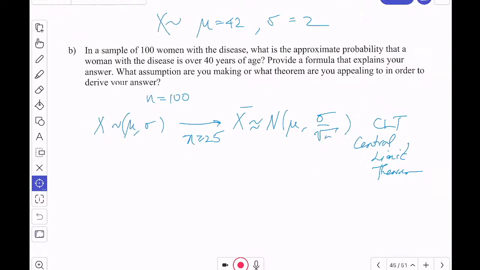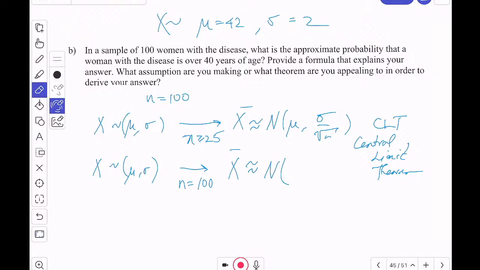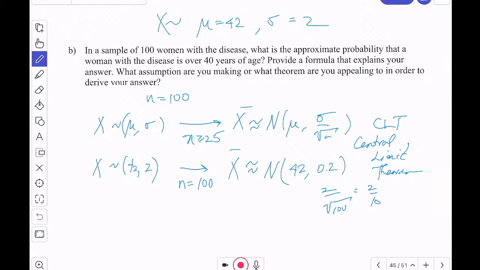So if I use the central limit theorem, I'm going to use this result, and since X is of unknown distribution, but n is 100, then by the central limit theorem in approximation, oh, I should put the numbers in. So this will be 42, but this new standard deviation will be 2 over square root of 100, which is 2 over 10, or 0.2.